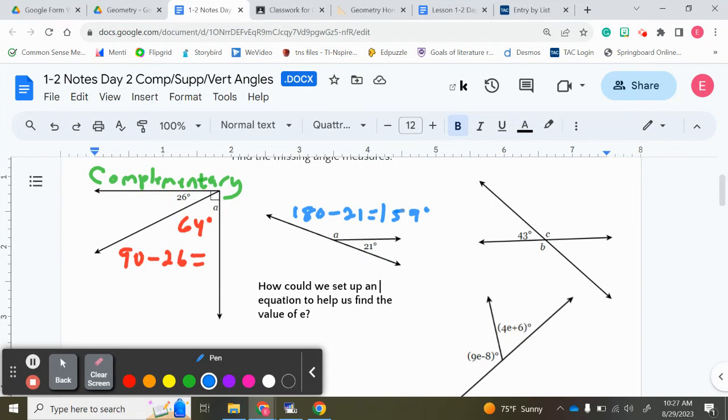So this is an example of two angles that are supplementary. These could also be known as a linear pair.